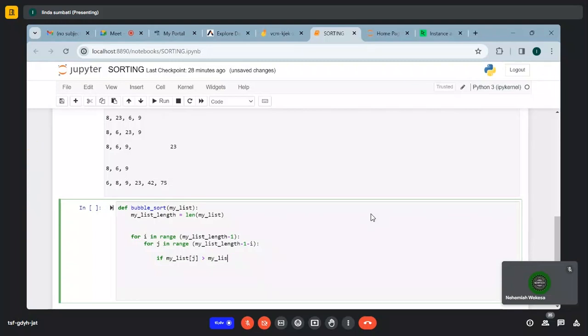So this one is j plus 1. What did we say? We said if my list j is greater than my list j plus 1, you swap. So if my list was arranged in this way, j followed by my list j plus 1, that means it swaps.